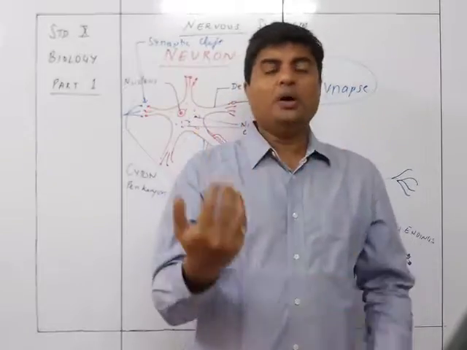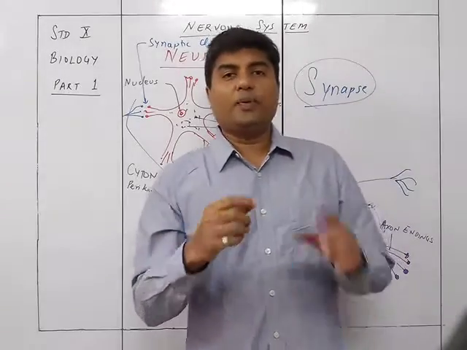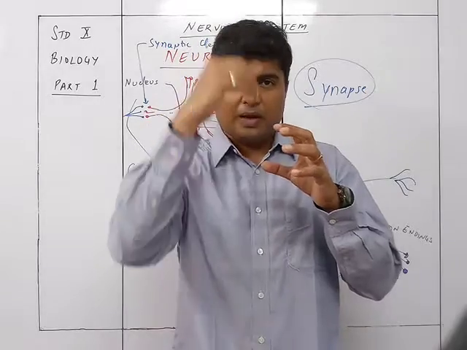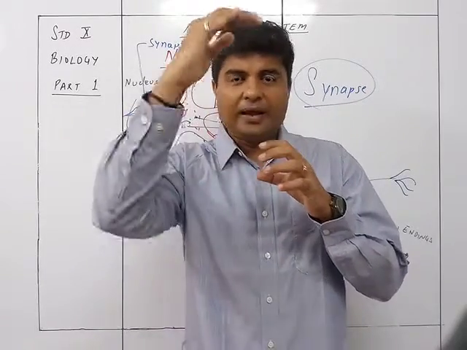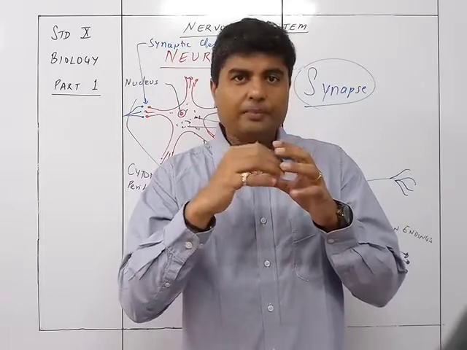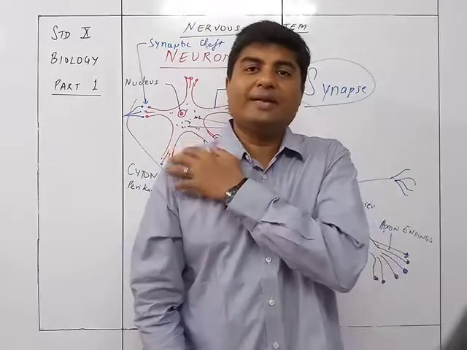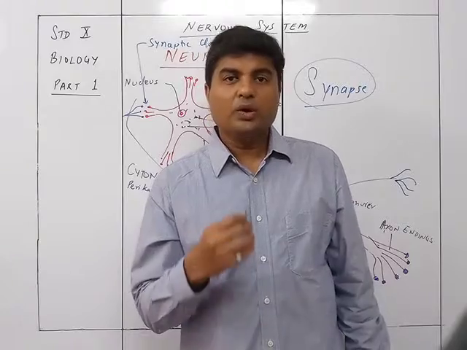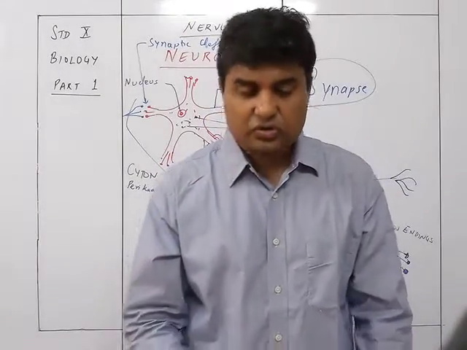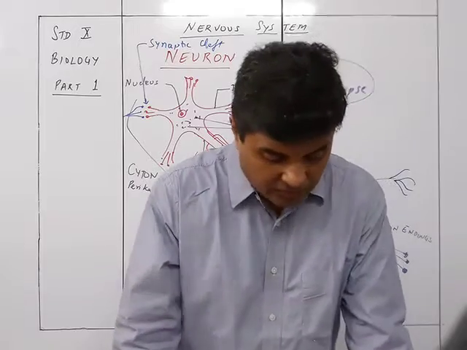That jumping over is done with the help of a neurotransmitter in between, which comes up for the transmission and goes away, so that there is no transmission. Again coming up, then going away, so that you can feel the tapping. Anyway, we'll read that thing, so we'll come to that particular part also.